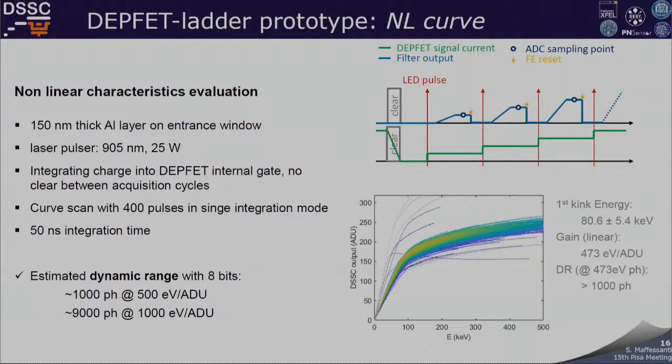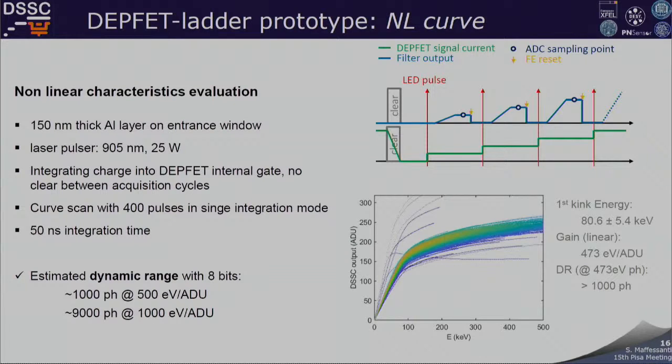And we also measured the position of the first gain change of the DEPFET, which is 80.6 keV plus or minus 5.4, which means that we have a dispersion of roughly 7%, with a gain in this case in the linear range of 473 eV per ADU. That means that we can achieve more than 1,000 photons in this configuration.